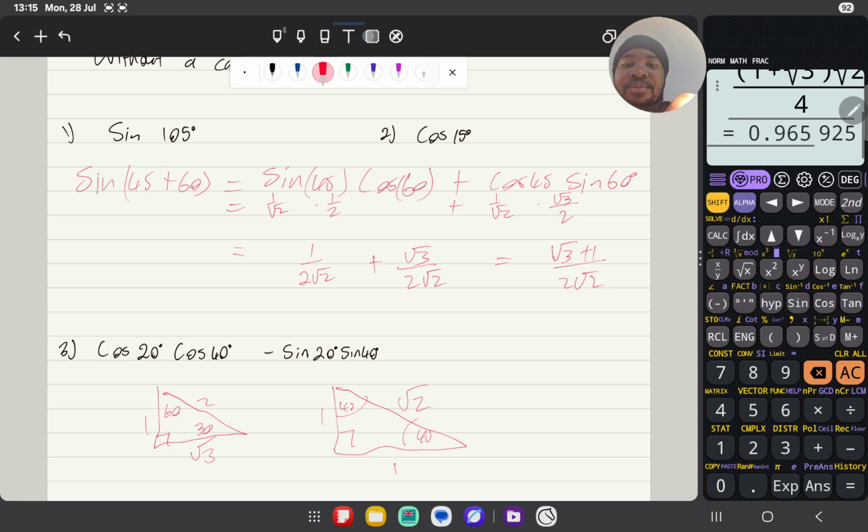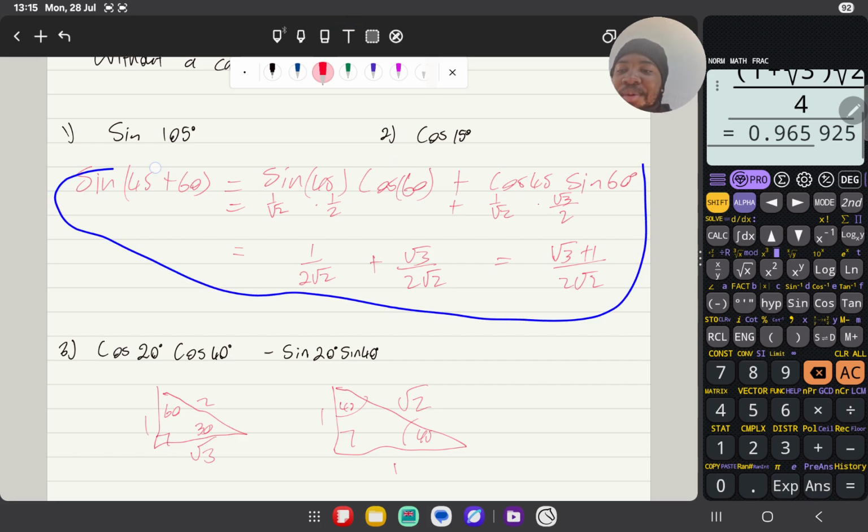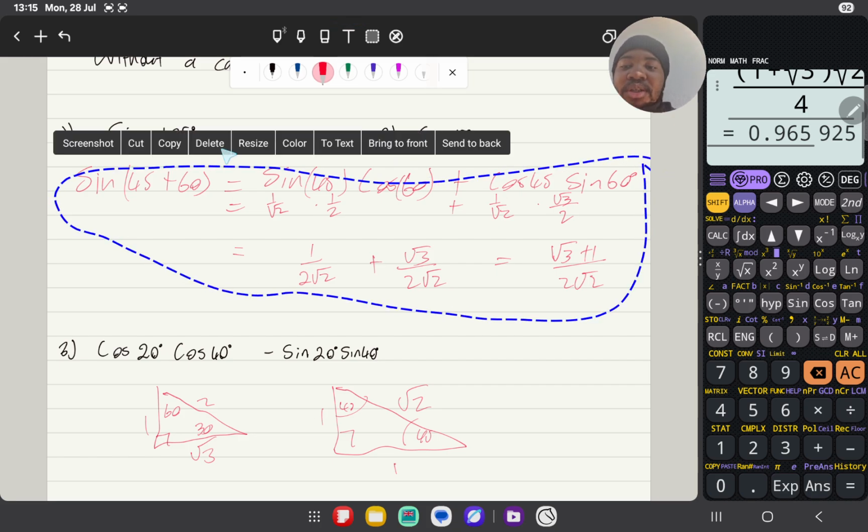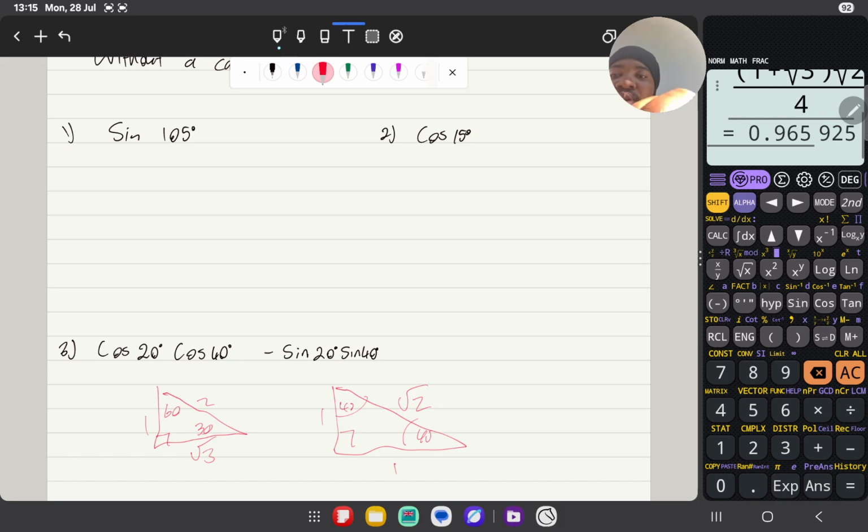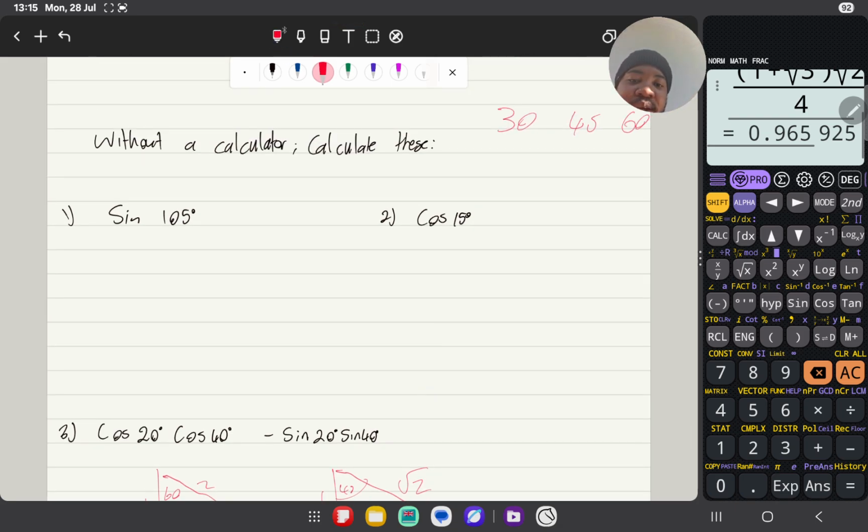And then if I do the workout for number 2, I know for sure 45 minus 30 gives me 15.